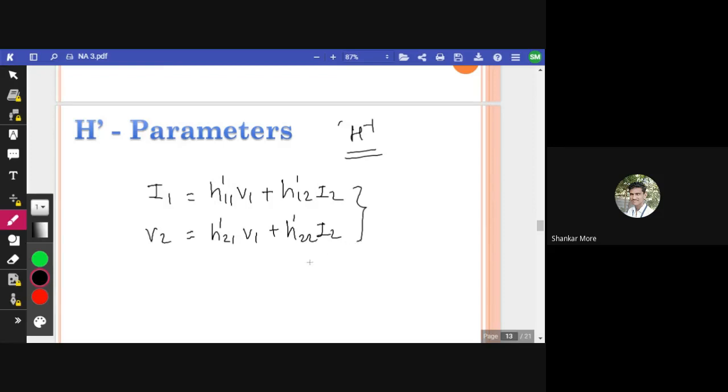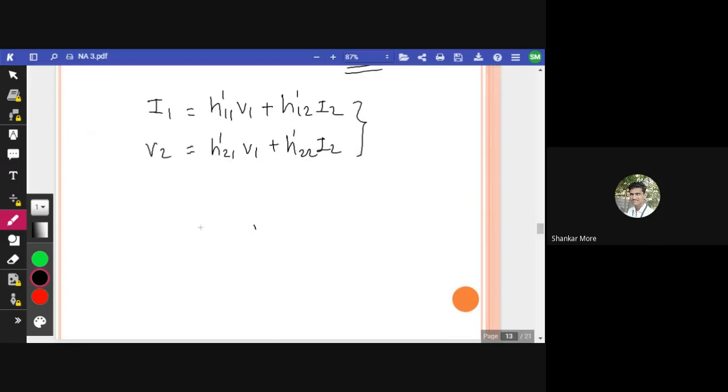So this is the structure of H inverse parameters. Okay, now let us suppose we have one circuit.